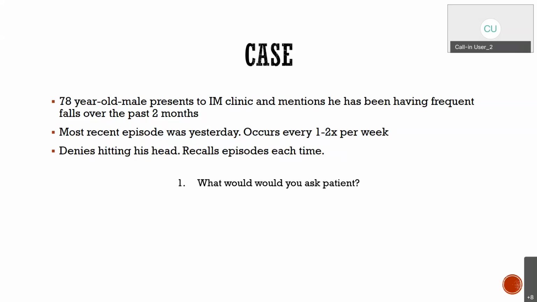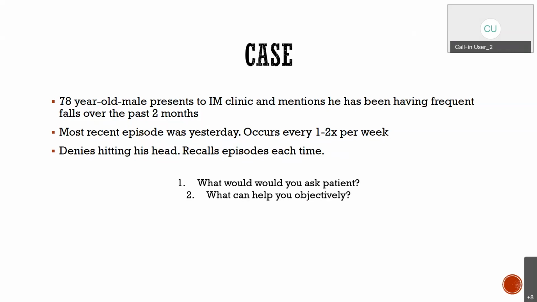If someone has a history of coronary disease or a history of arrhythmias in the past, that makes you a little more concerned that this could be something acute. The other thing is whether or not he had any focal neurological deficits. Was there any tongue biting, any loss of strength in his arms or legs, any vision changes, things like that. That gives you a little bit of an idea of what the presentation is about.